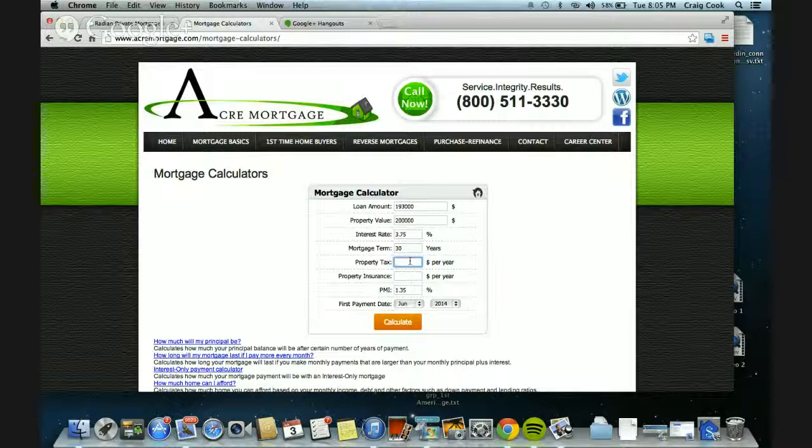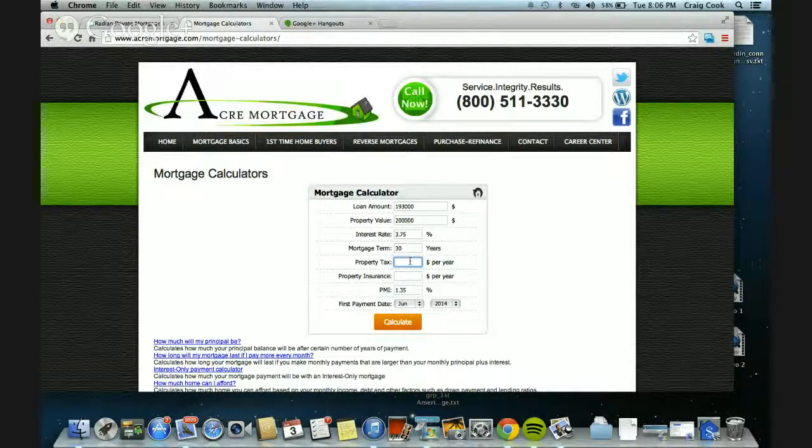Okay, so we're going to be borrowing $3,377 plus the $193,000 loan amount. Okay, and we're going to put that in as a total loan amount and give you.